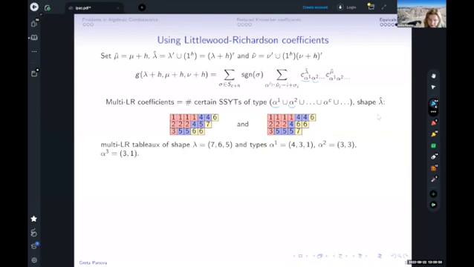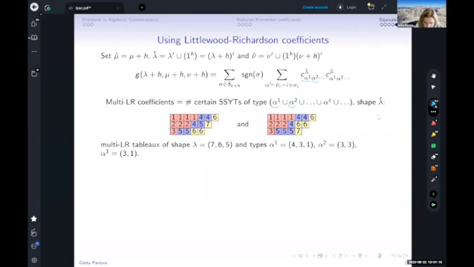Each of these color tableaux should be a Littlewood-Richardson tableau: a ballot sequence, semi-standard Young tableau, and so on. And these are the types: alpha 1, alpha 3, alpha 2, alpha 3, and so on.